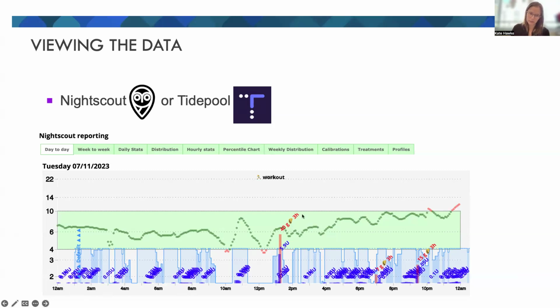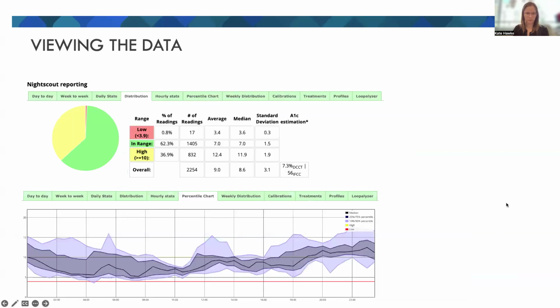You then have your meal specifically shown in red, with the number of grams displayed there for the carb entry that the patient has made. Other tabs available within Nightscout, for example, is the distribution and this percentile chart, which provides a similar to an AGP style view of what the CGM tracing has been.